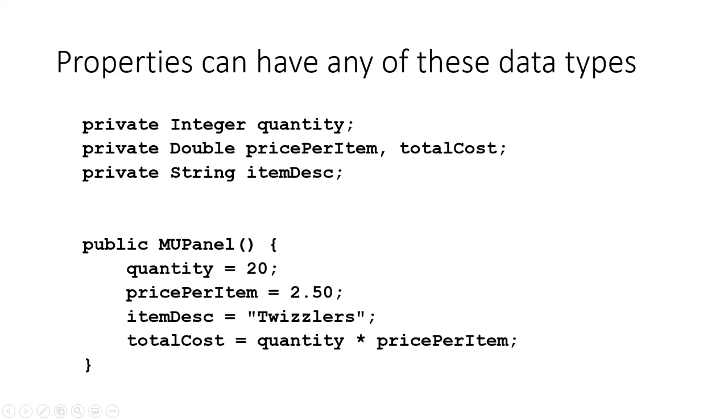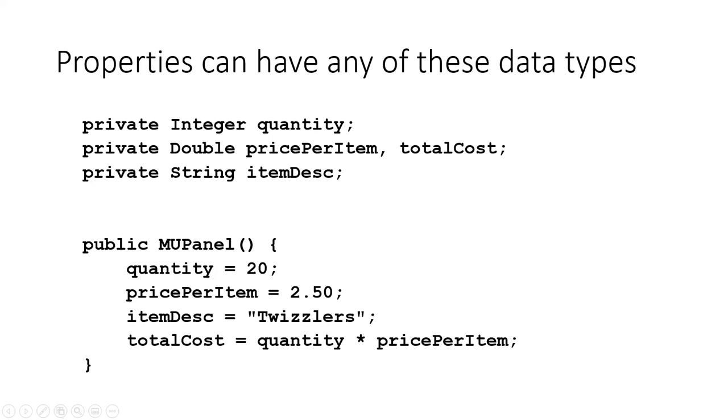Now the data types must match. So if I have an integer property quantity, I'm going to store the integer constant 20 in that variable. Okay, so you have to match. And the destination goes on the left here. So price per item 2.50. Item description, it's a string, so I have to have quotes around the Twizzlers.